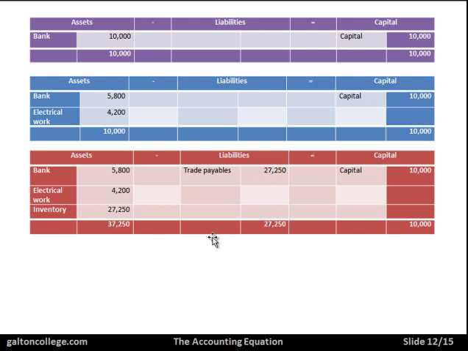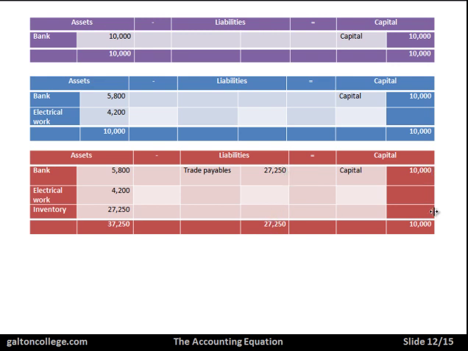Now if we look at it, we've got assets here: £5,800 in the bank, £4,200 for the electrical work, which improves the premises, and £27,250, which he got on credit for these components he's going to sell in the magazine. If you add it all up, it comes to £37,250. Well, he needs to pay the £27,250, so it's a liability.